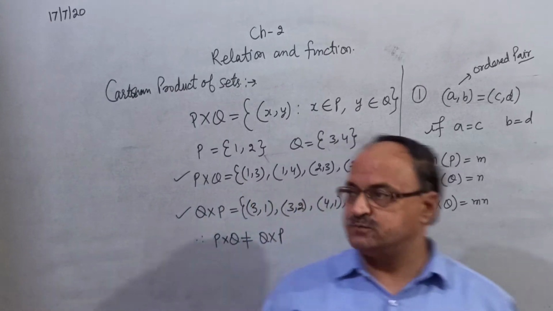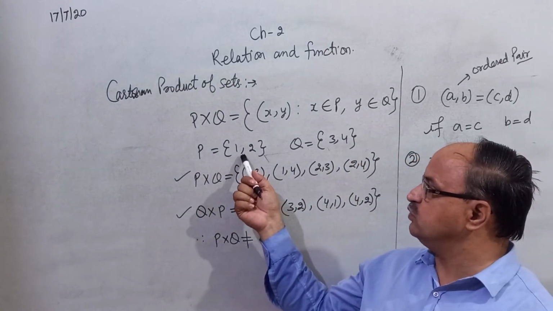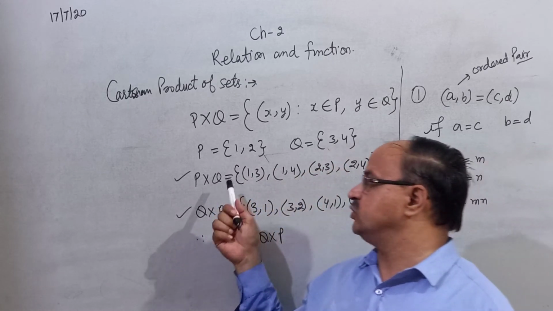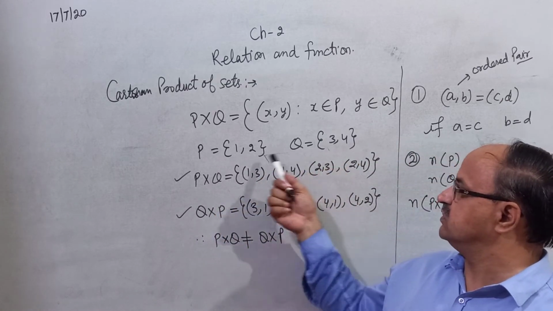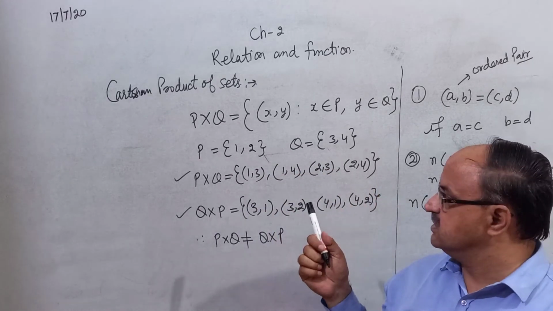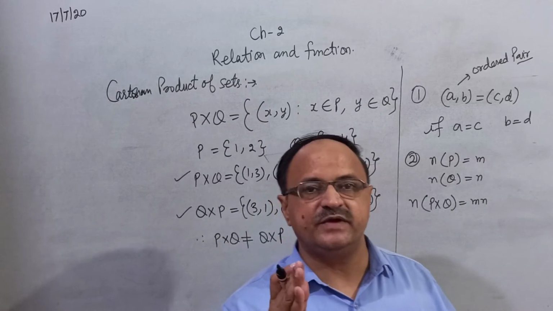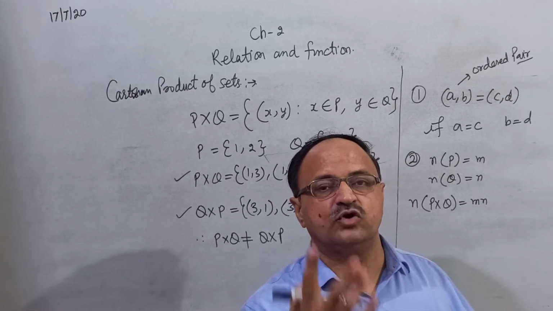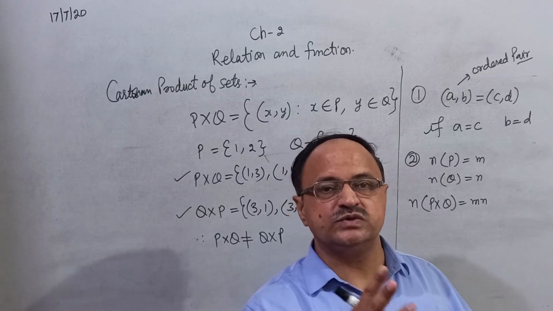Suppose the set P contains two elements and Q contains two elements, then P cross Q contains four elements, 2 into 2 is 4. Suppose set P contains 3 elements and set Q contains 2 elements, then the number of elements in P cross Q is 3 into 2, that is 6.